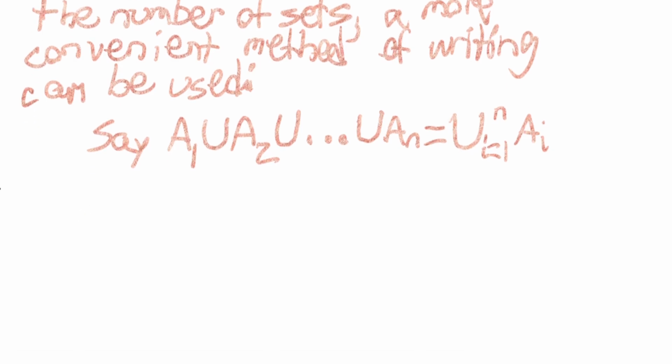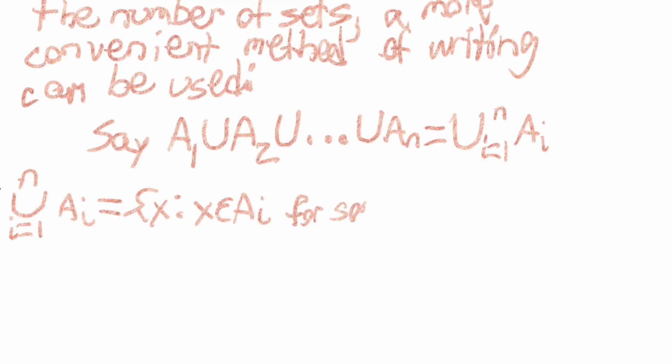So, another description of this is the set of x, where x is an element of Ai for some i, where 1 is less than or equal to i, and i is less than or equal to n.